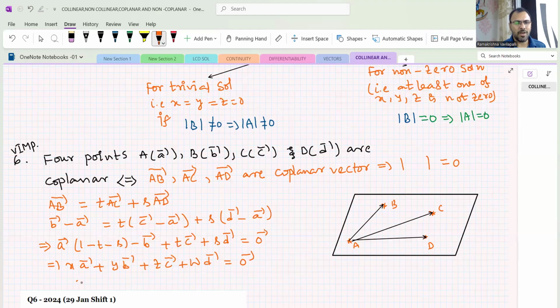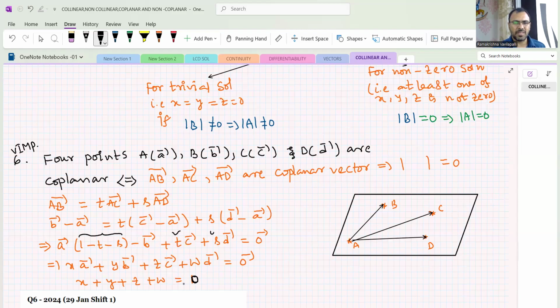What is the sum of all these scalars? X plus Y plus Z plus W equals, you will get 0. Add all these values.